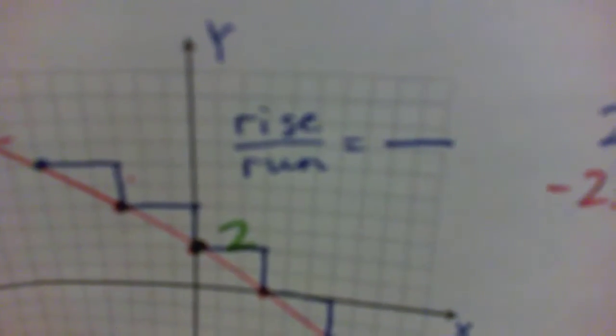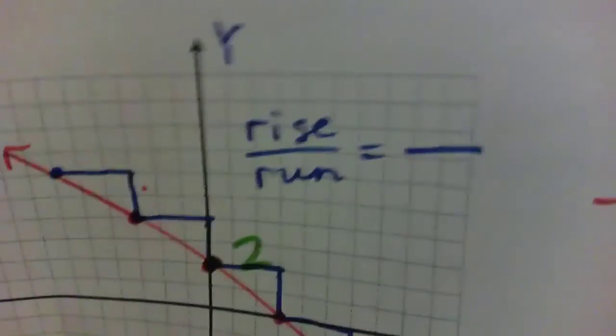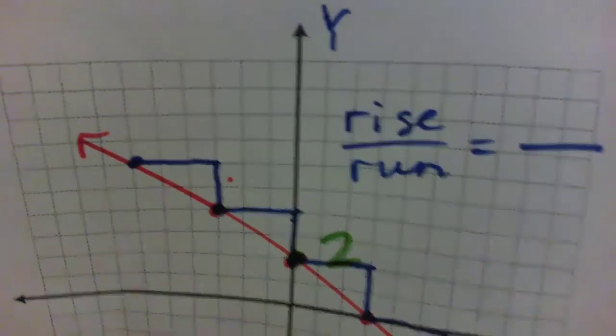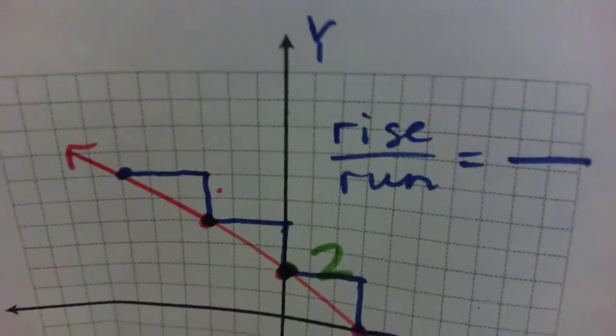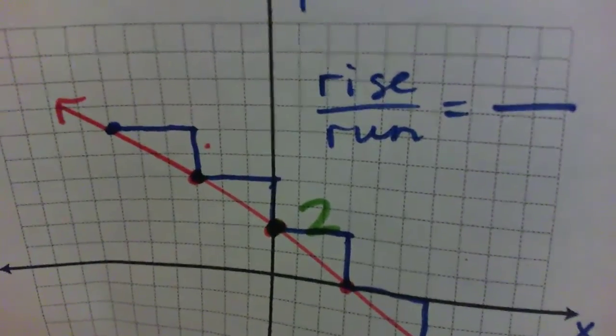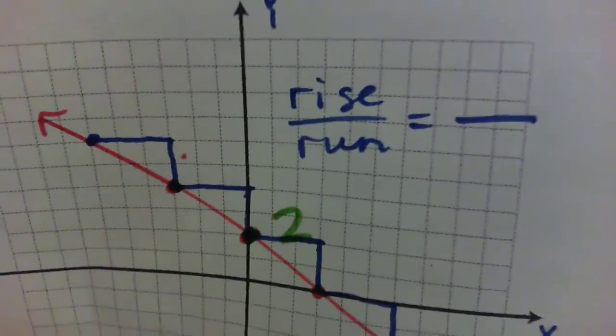So I want you all to write down what is the rise over the run for this line? What's the run, what's the rise? The run is how far you're going across, and the rise is how far you're going up or down. And a little hint, the rise could be negative, couldn't it? Because if you're dropping, that's like a negative rise. You know what I mean?